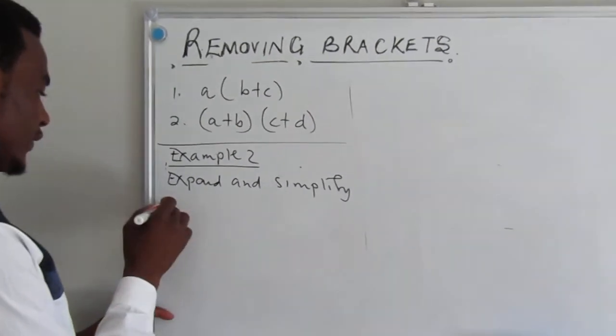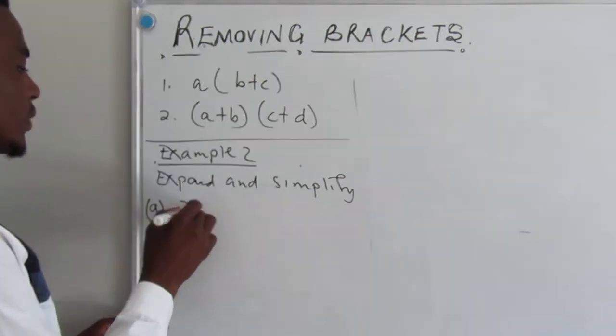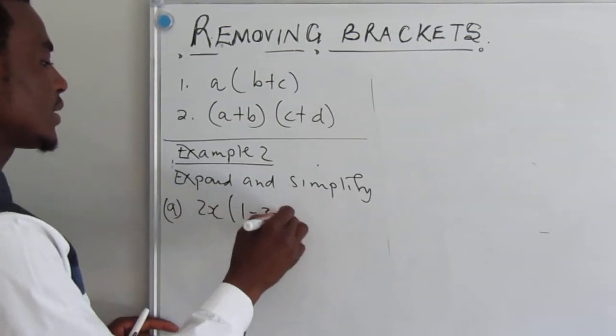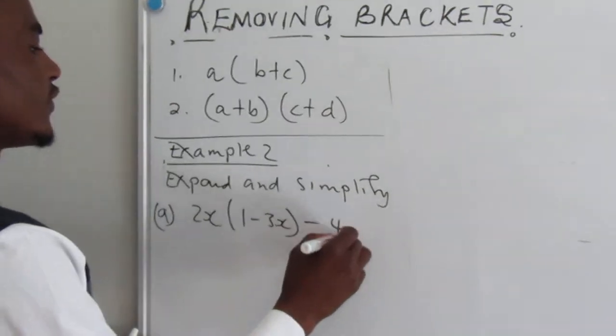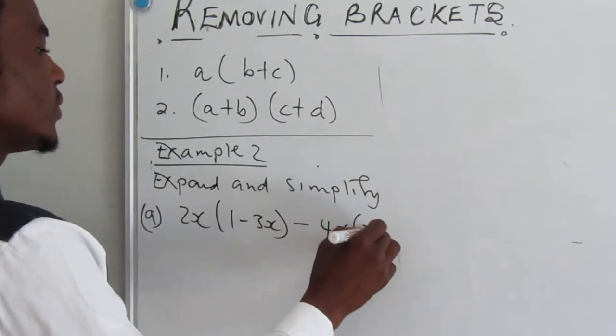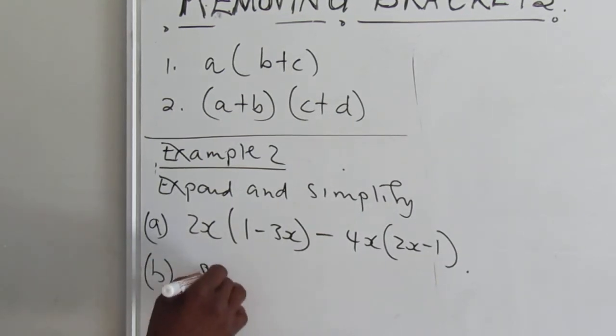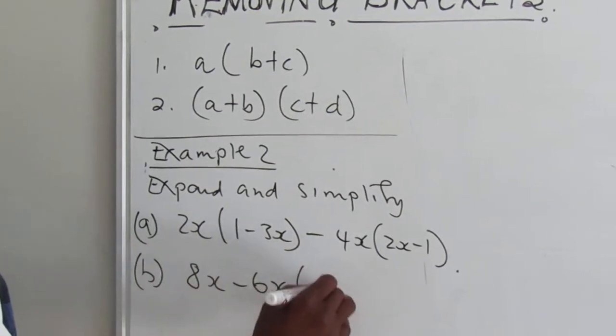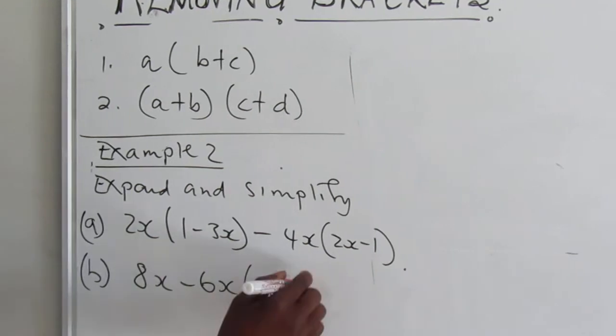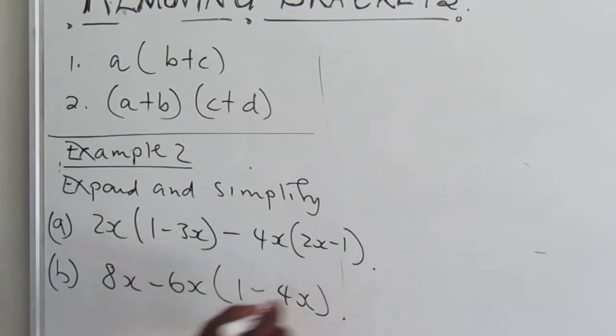So for example A, 2x times (1 minus 3x) minus 4 times (2x minus 1). Part B, 8x minus 6x times (1 minus 4x).